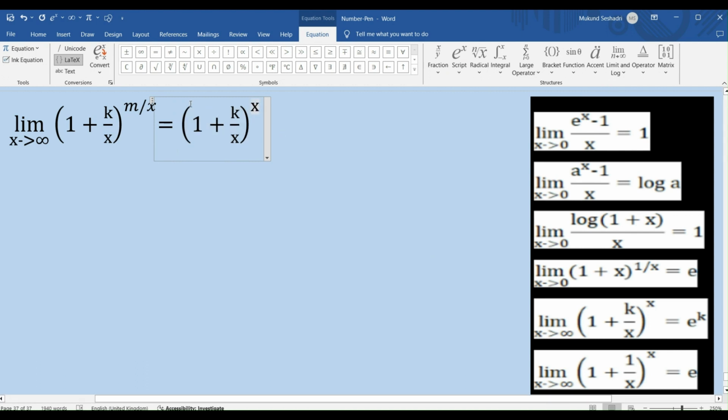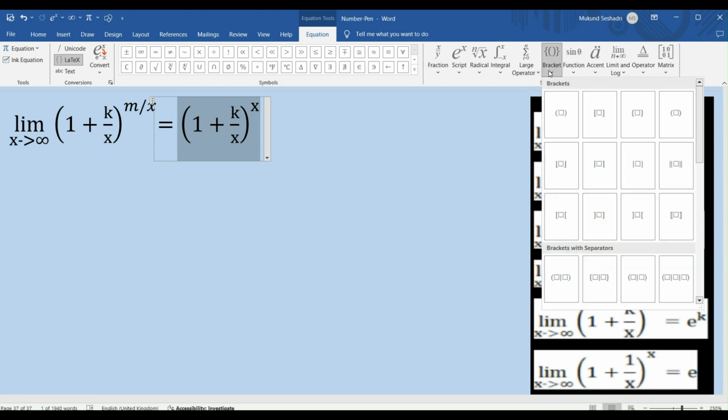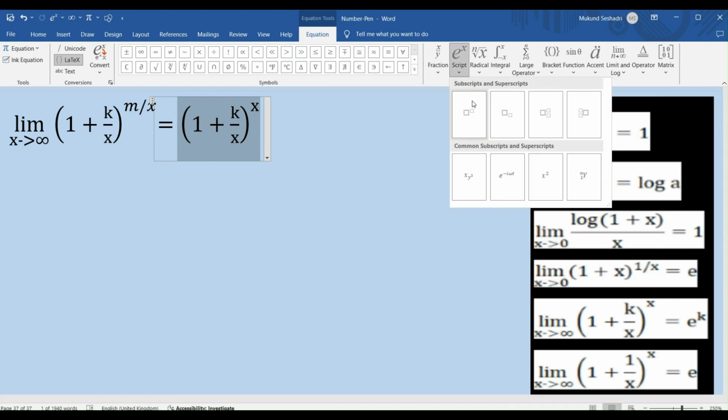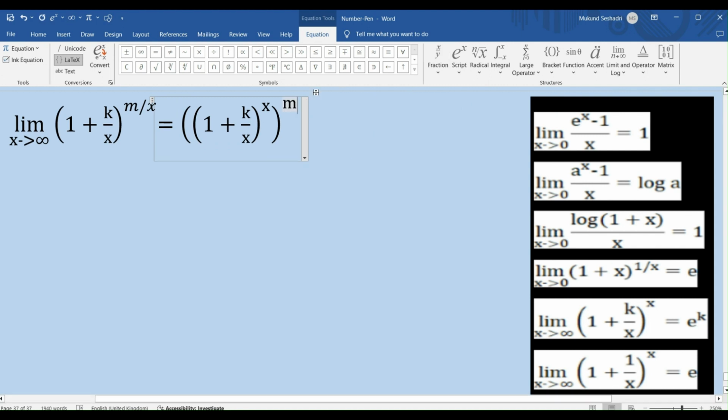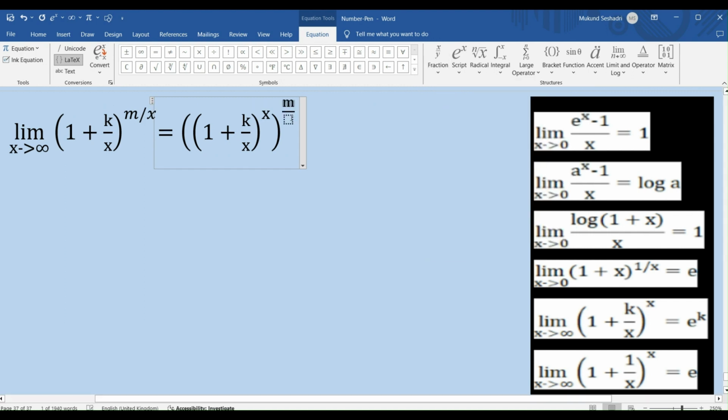And then when I know that I have an m by x in the power, in order to retain the expression, what do I do now? Let me bracket this again to avoid confusion. So now we have m by x, and when we rewrite this, we write this as m by x square, right?